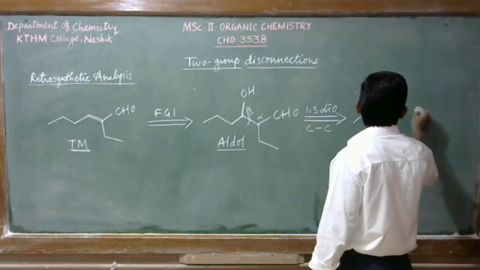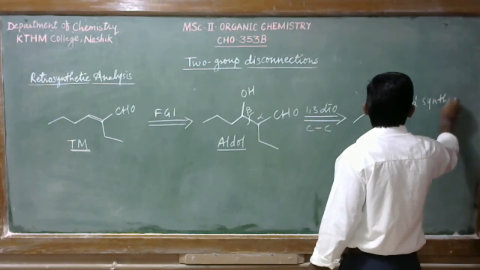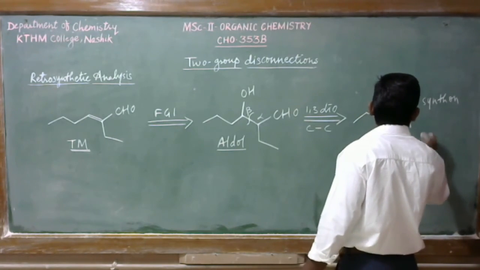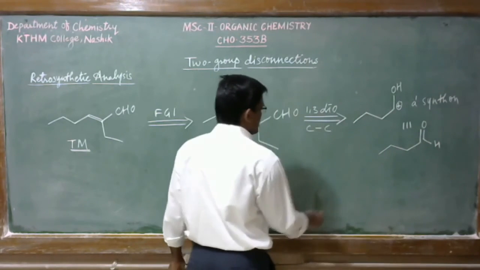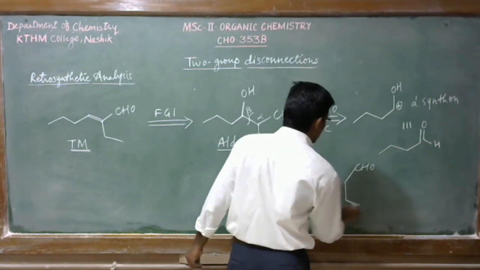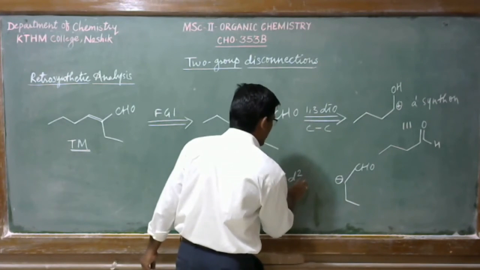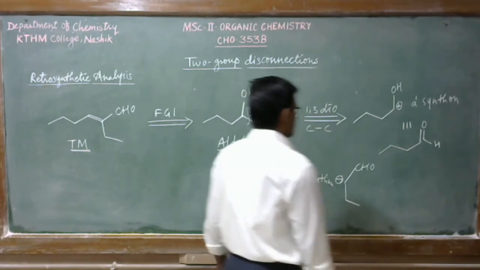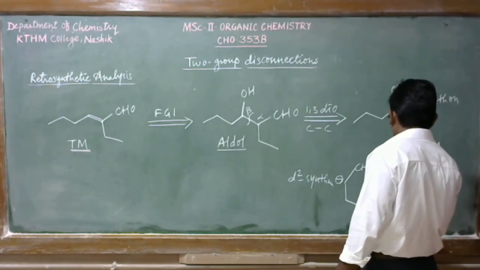One would be the A1 synthon, which is equivalent to this aldehyde, and the second synthon would be this donor, the D2 synthon. That's equivalent to this enolate.